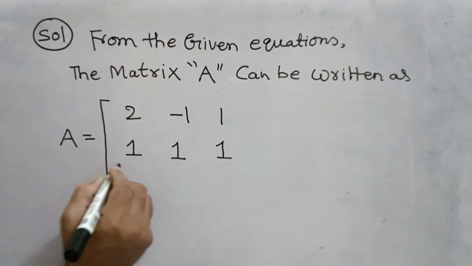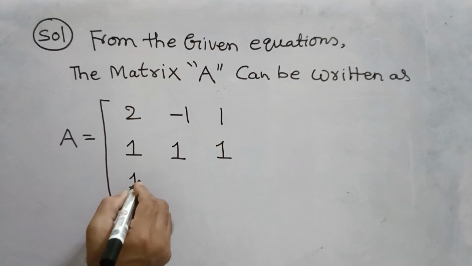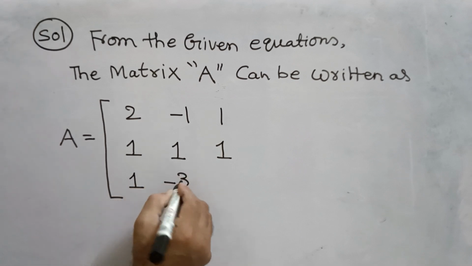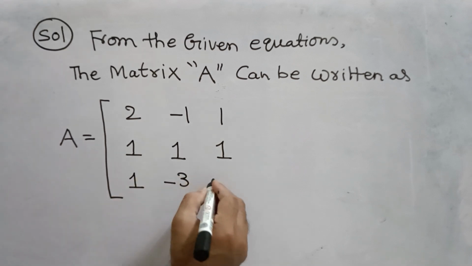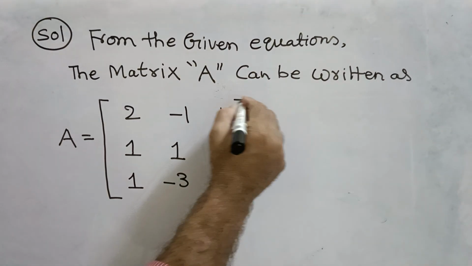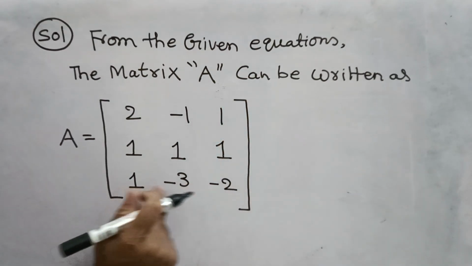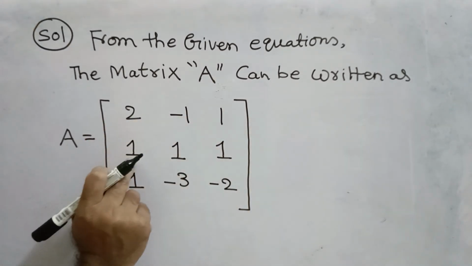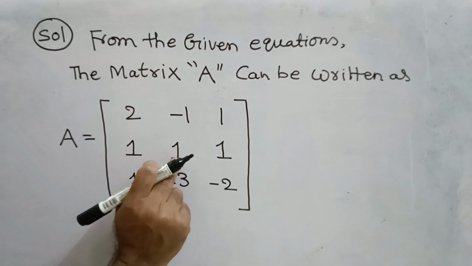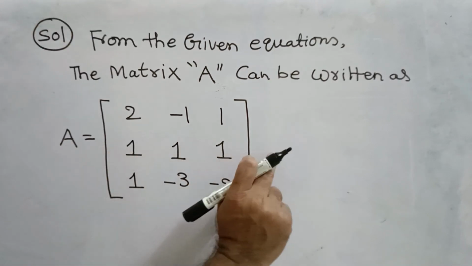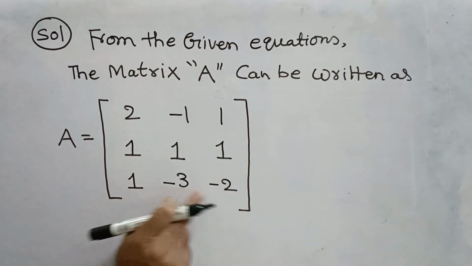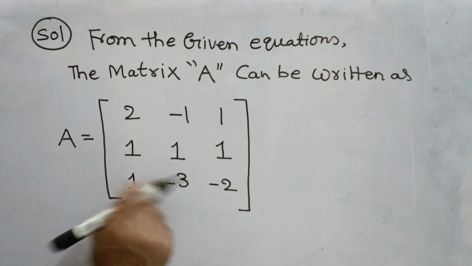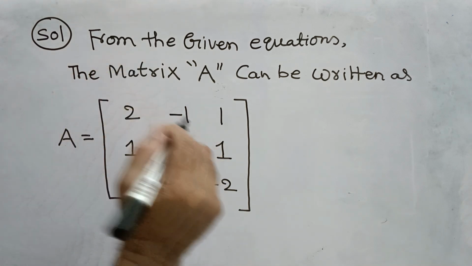From the third equation, the coefficient of x is 1, for y it is minus 3, and for z it is minus 3. These are the coefficients of x, y, z from the first, second and third equations. This is the A.